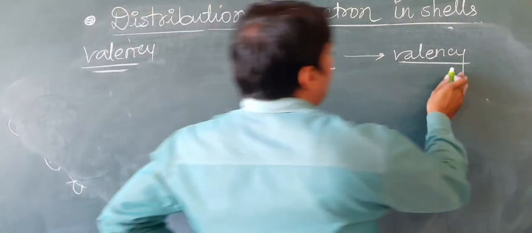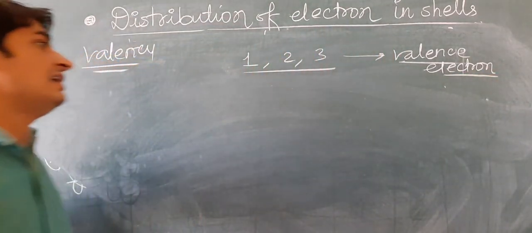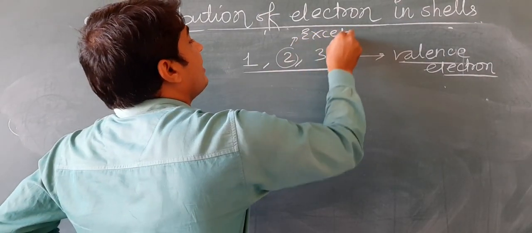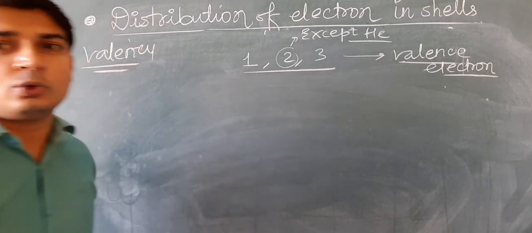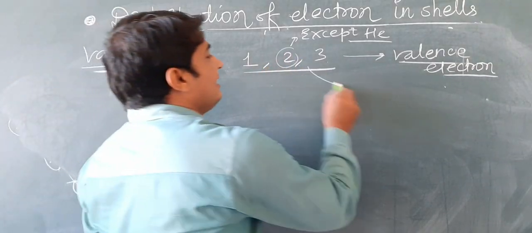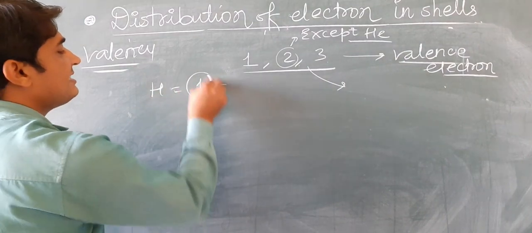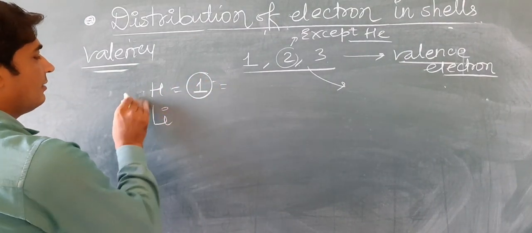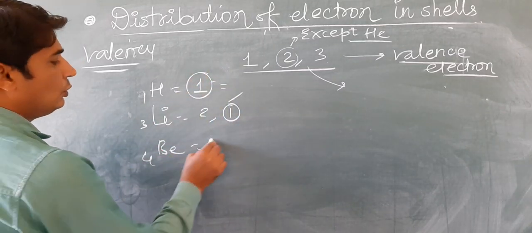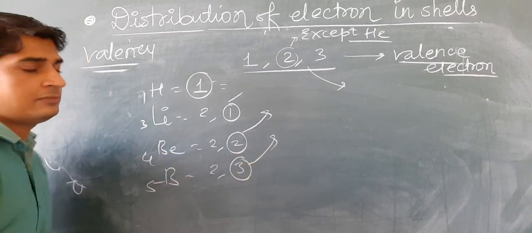Valence electrons means the number of electrons present in the outermost shell. If valence electrons are 1, 2 or 3, except helium, then that is the valency. For example, hydrogen has 1 electron, it is the valency of hydrogen. Lithium 2,1, it is the valency of lithium. Beryllium 2,2, it is the valency of beryllium. Boron 2,3, it is the valency of boron.